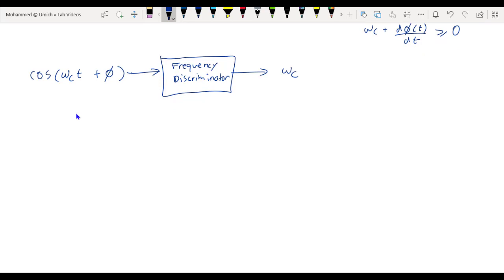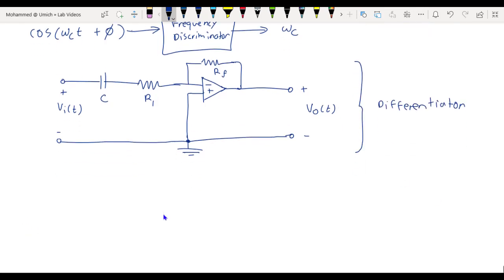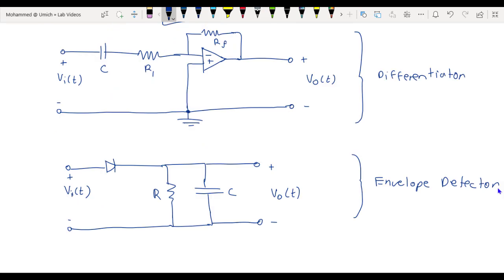Now, how is this actually done in practice? Well, the differentiator is an op-amp circuit with a capacitor and resistor R1 connected to the inverting terminal, and then a feedback resistor RF from the inverting terminal to the output, and then the non-inverting terminal is connected to ground. The envelope detector, as we saw in Lab 2, can be made by using a PN junction diode and then a resistor in parallel with a capacitor, and the output voltage is taken across the capacitor.